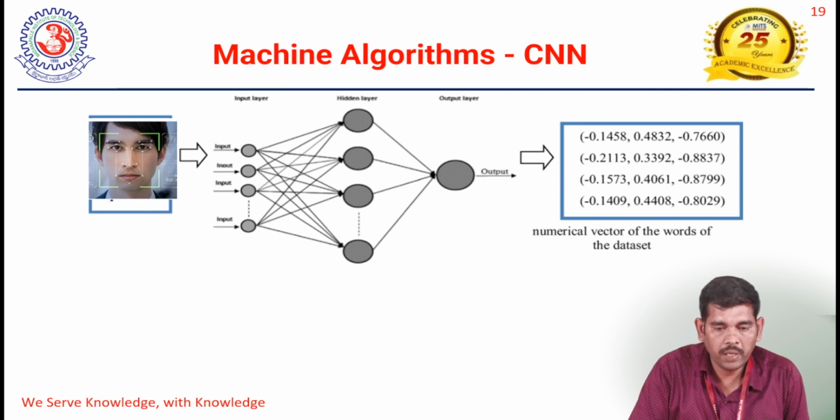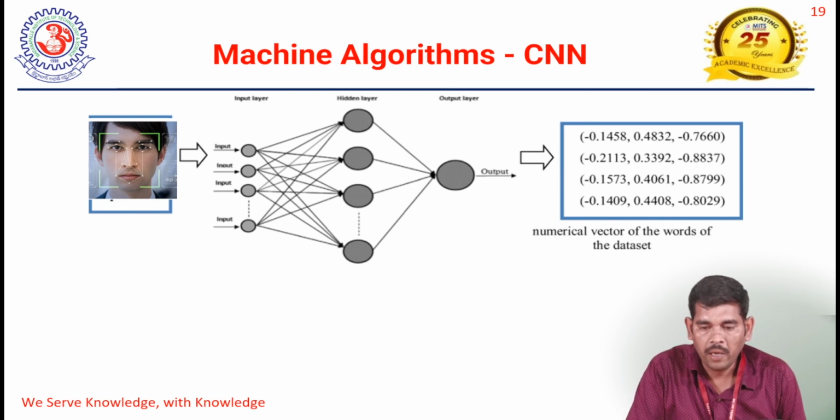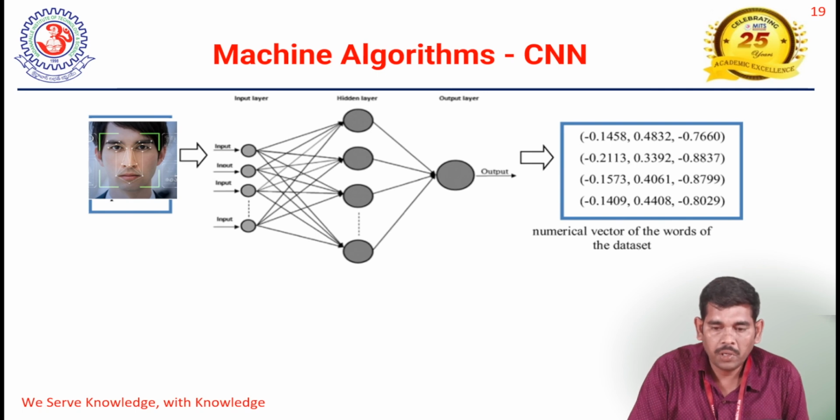The first is the input visual image with human points for eyes, nose, and mouth. These are the main points for the algorithm to process. In the CNN algorithm, the final output is in vector format. These are the data sets. It is a numerical vector format, so any visual data sets are converted to neural vector formats.